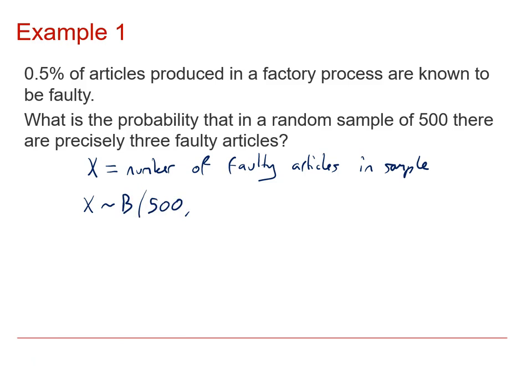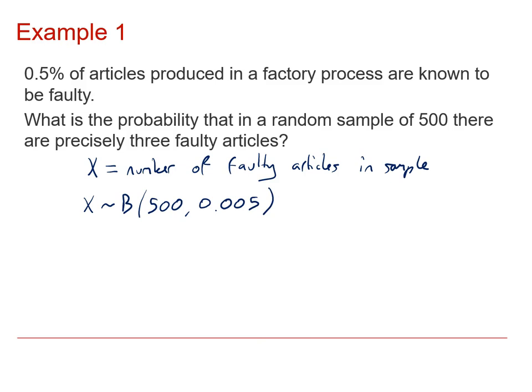Here we're considering a success to be a faulty article because we're counting the number of faulty articles. So it's going to be 0.5%, so that's 0.005.